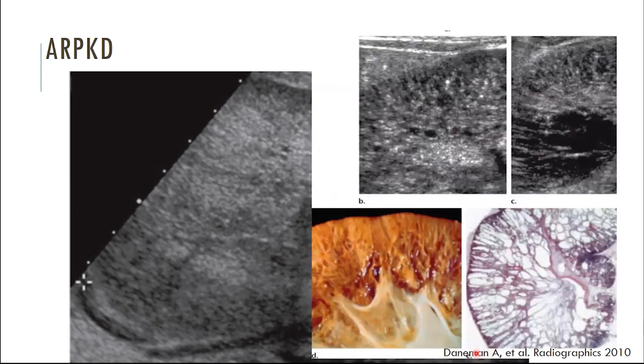They have all of these tiny cysts in the cortex, and they almost look like linear, tubular cysts. As ultrasound technology and resolution have improved, you can really start to see this picture. These are classic images you would see for a kid with ARPKD.